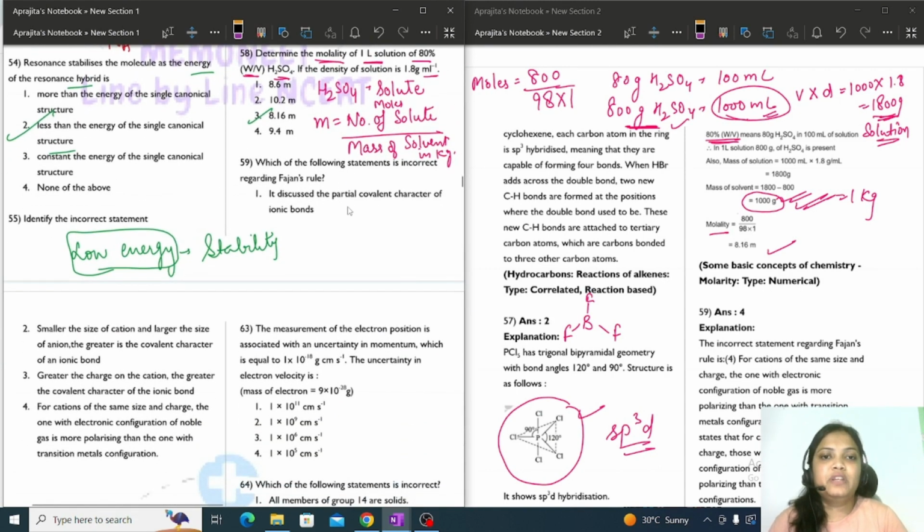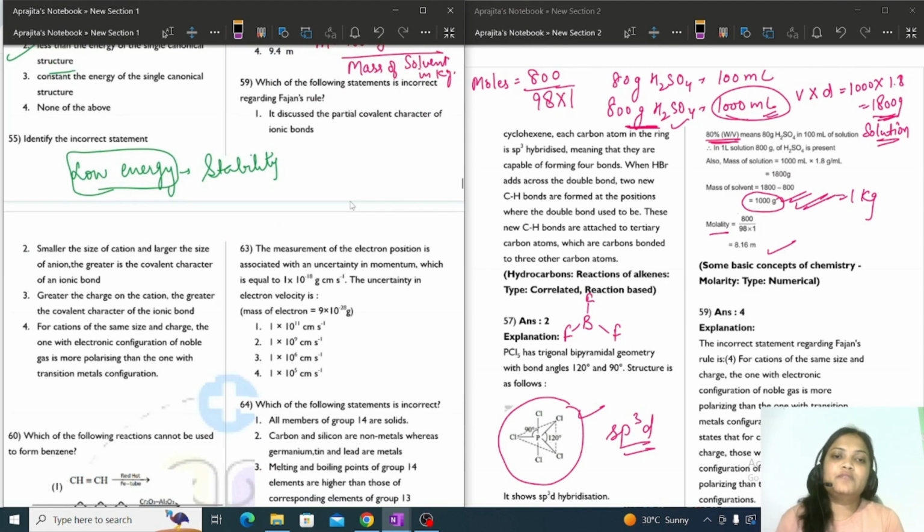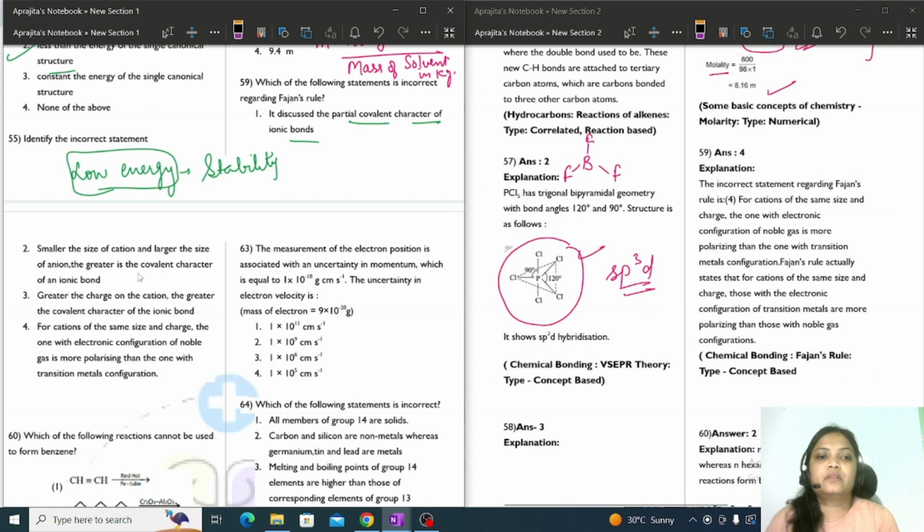Now question number 59. Which of the following statements is incorrect regarding Fajan's rule? Yes, Fajan's rule discusses the partial covalent character of ionic bonds. This is true. Next, we all know that the smaller the size of the cation and the larger the size of the anion, the greater will be the covalent character because there will be more polarization. Similarly, the greater the charge on the cation, the greater will be the covalent character of the ionic bond.